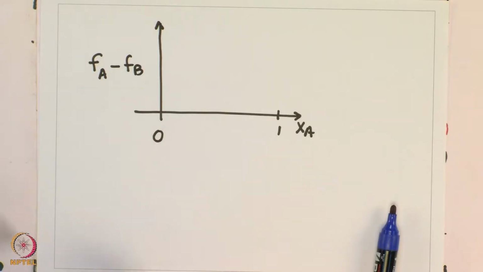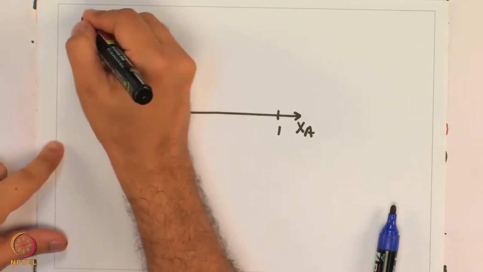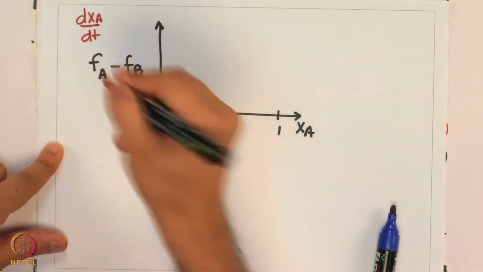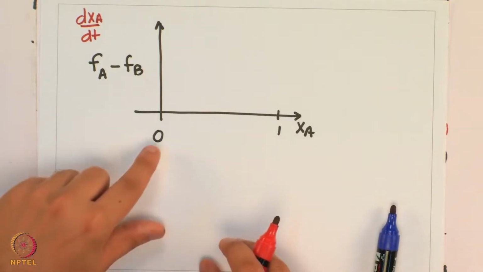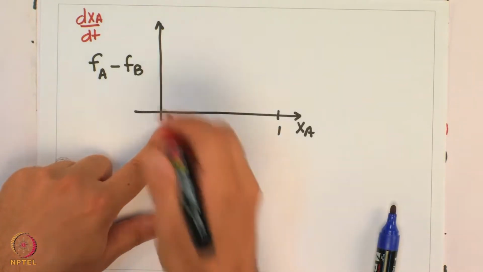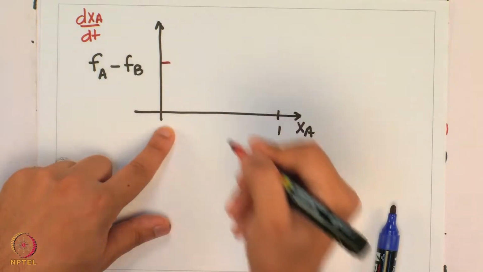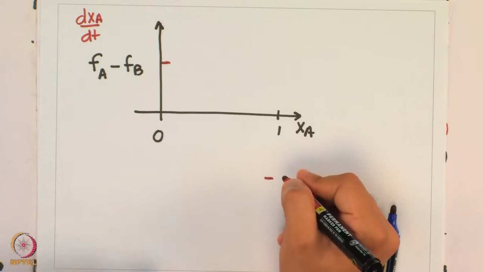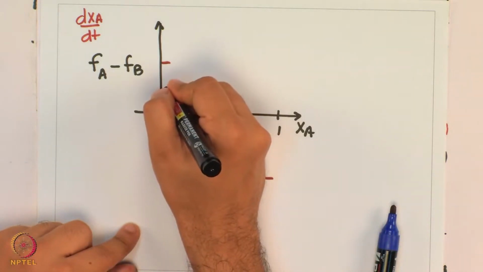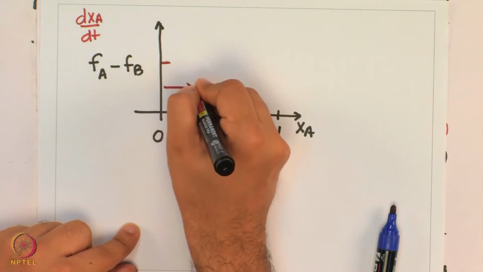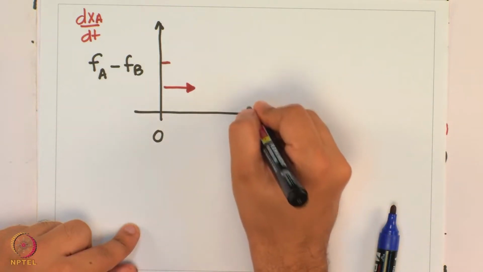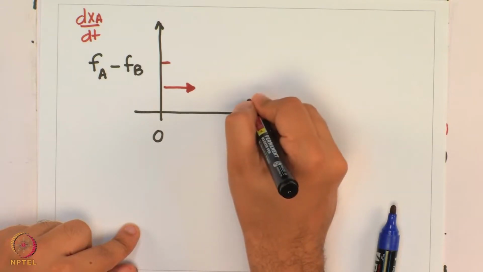What this is telling us is that the sign of f A minus f B, which is the same as the sign of dx A by dt, you should convince yourself of that, is that when x A is small, this quantity is positive, and when x A is large, this quantity is negative. That means starting from small values of x A, the system wants to move towards higher values of x A, and starting from larger values of x A, the system wants to move towards smaller values of x A.